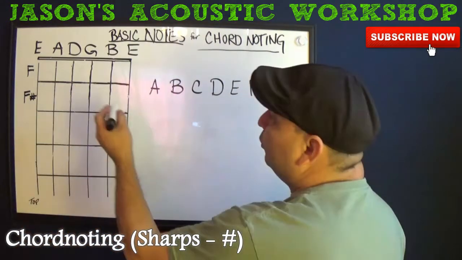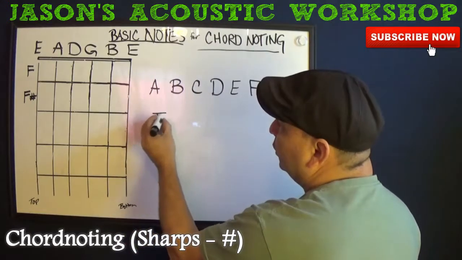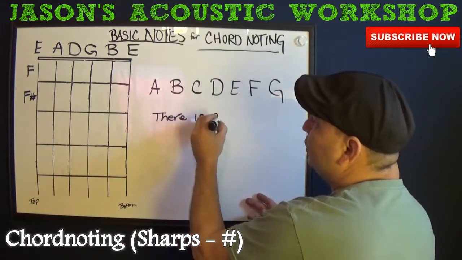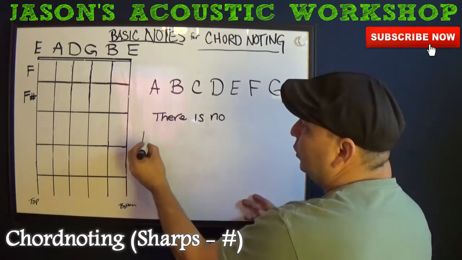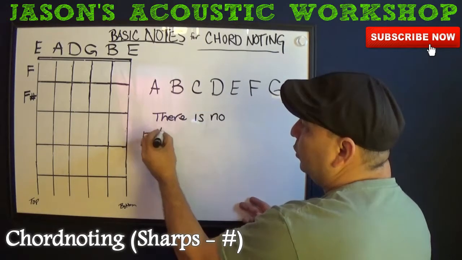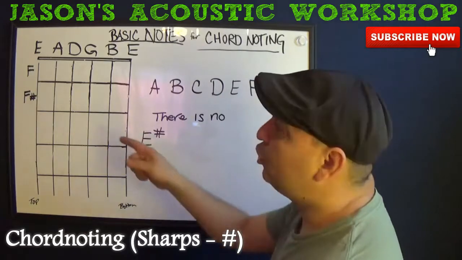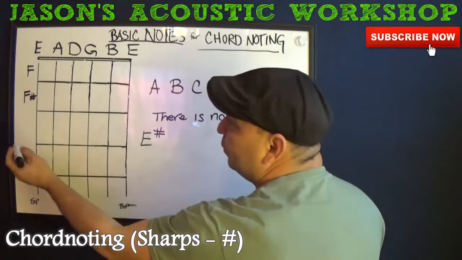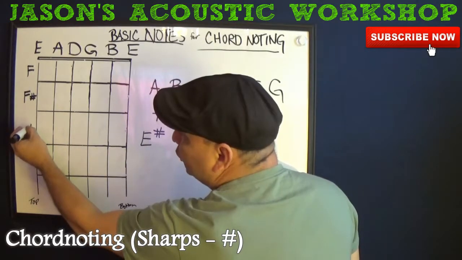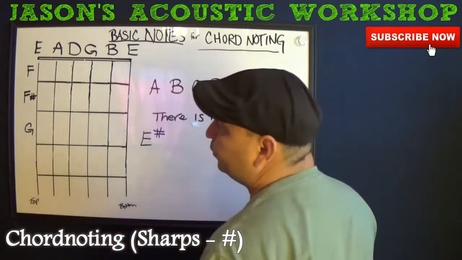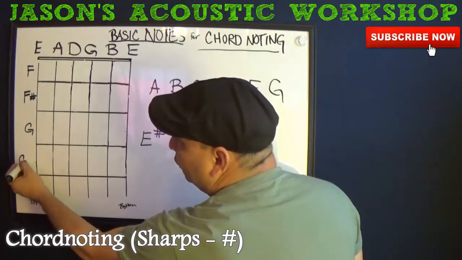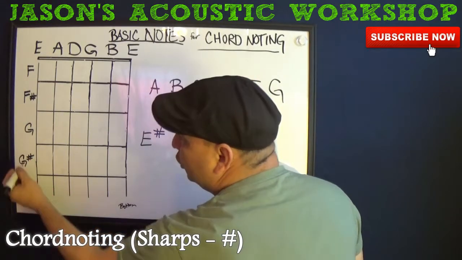So, basically there is, I'll just go ahead and put it right here, there is no E sharp. E sharp is F. Okay? You have F sharp, then after F sharp you have G. Then after G you have G sharp.